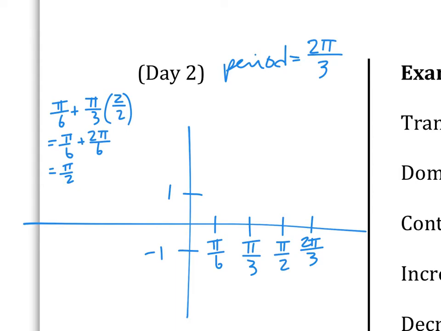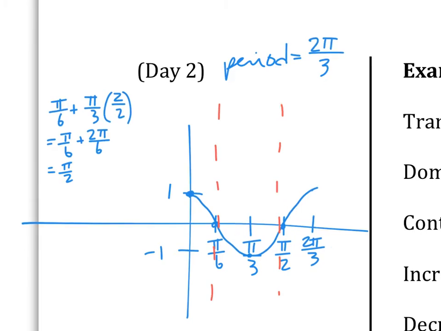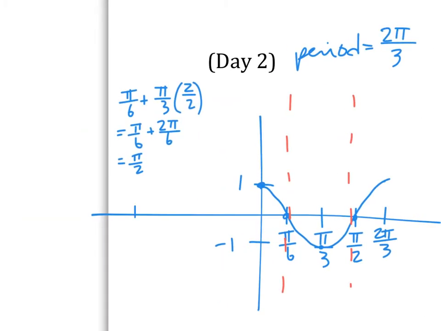Okay, draw the graph. This is the cosine graph. So start on the top, down, down, up, up. Okay, draw the asymptotes. Let's just draw one more so it's easier to look at.